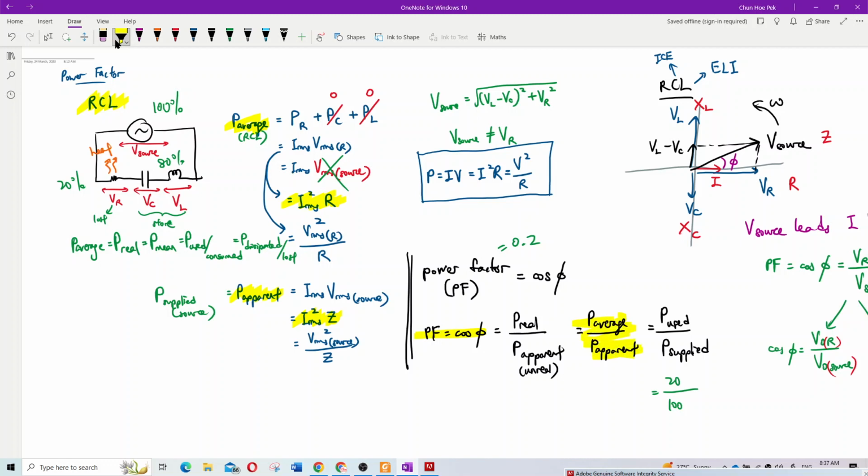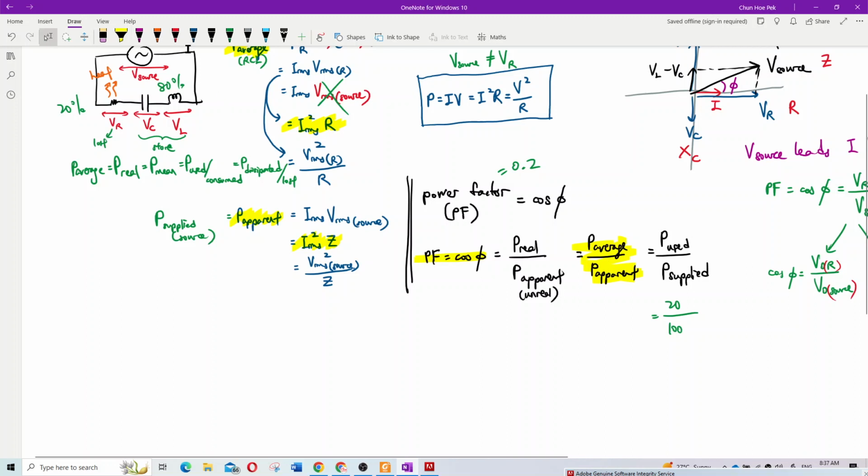How to calculate average power? I square R, isn't it? How to calculate apparent power? I square Z. Let's put in the formula.